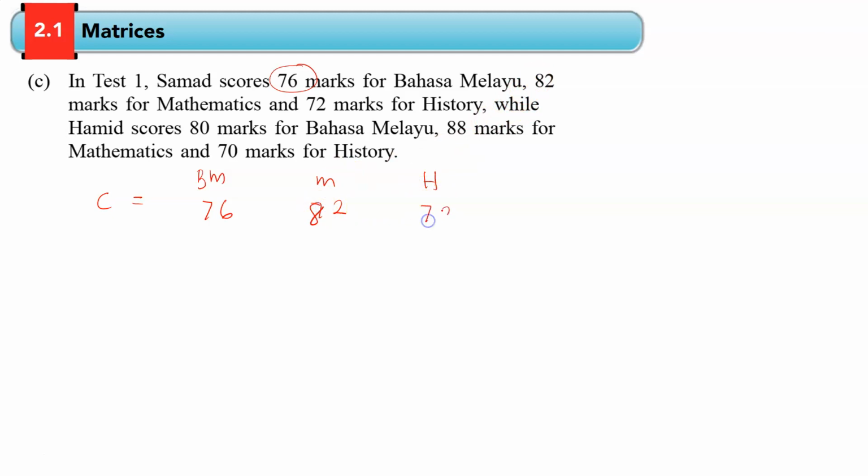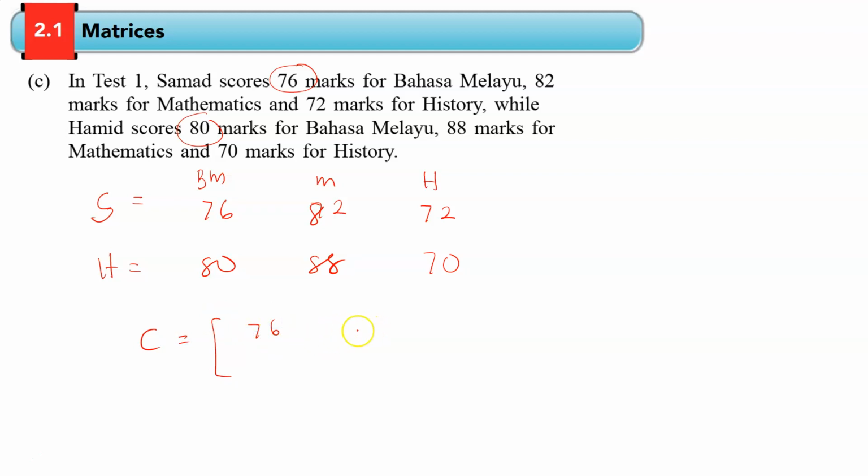History 72. Ni untuk Samad. Kita tengok dulu Samad. Lepas tu kita ada Hamid. BM untuk Hamid 80. Maths untuk Hamid 88. Dan History is 70. Kalau kita susun macam ni, so matrix C kita boleh susun terus sama.